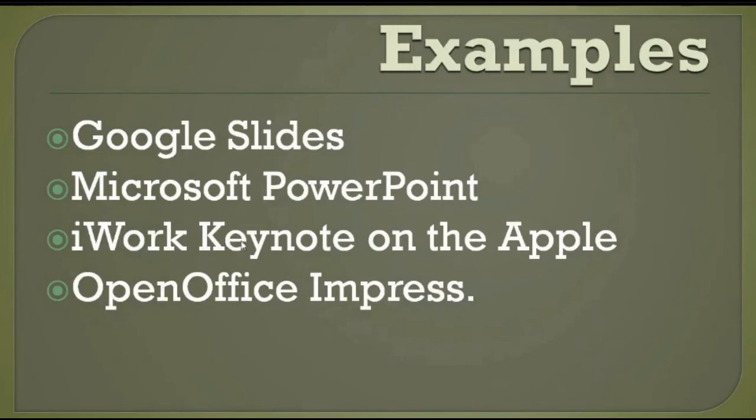In the same way, LibreOffice Impress, and StarOffice also has presentation software. In whatever office, these three, word processing, spreadsheet, and presentation, these tools are together available in all the office packages.